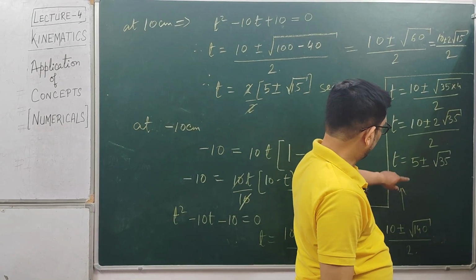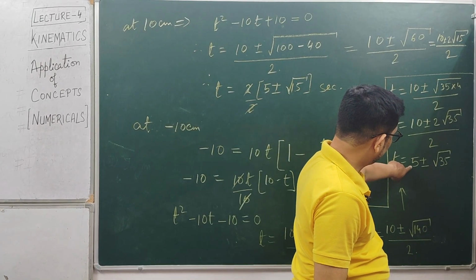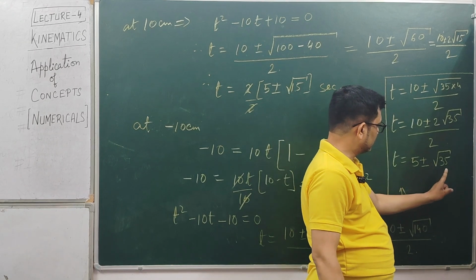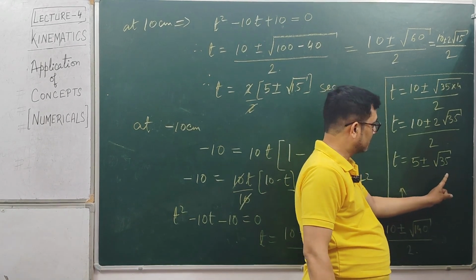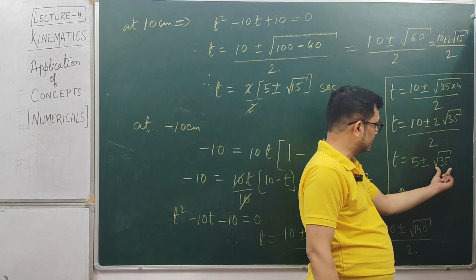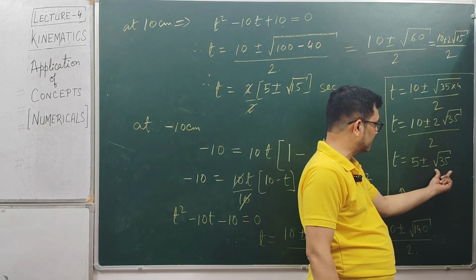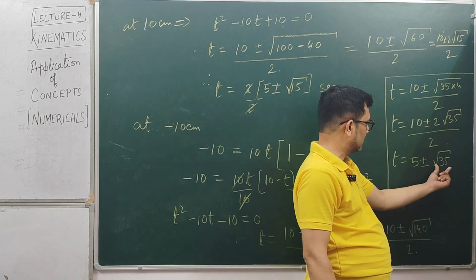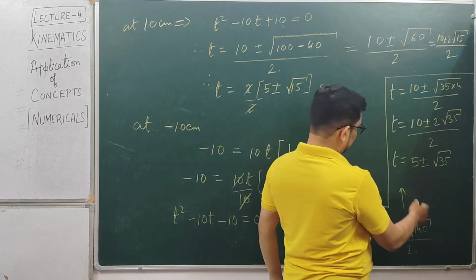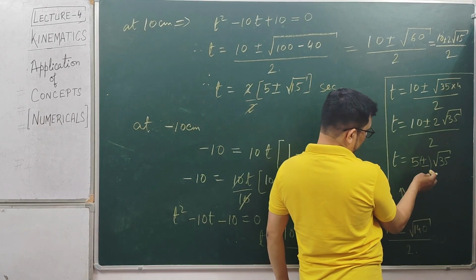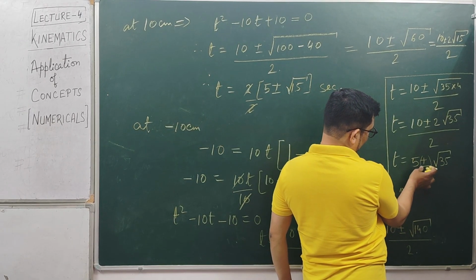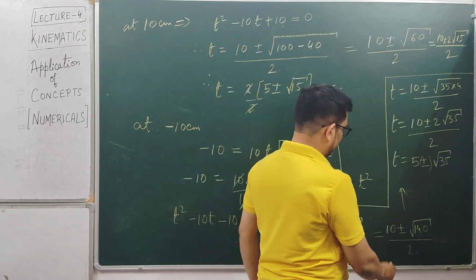Now 5 times 5 is 25, so this one would be more than 5, right? If it is more than 5, the square root of this is going to be more than 5 and less than 6, which means that we cannot use the negative sign. Why? The time would become negative then.